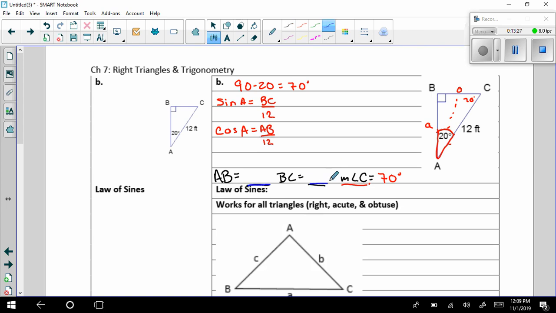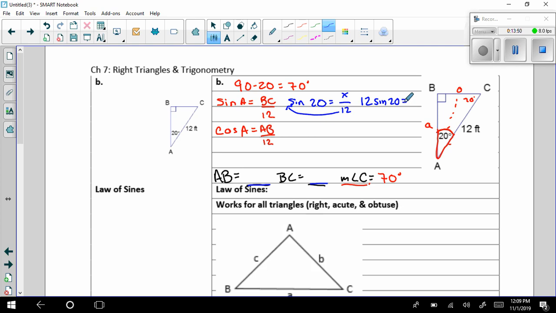And so I'm going to fill in my angle. So I have the sine of 20 is equal to, we'll just call it x over 12. So I multiply this over, and I have 12 times the sine of 20.